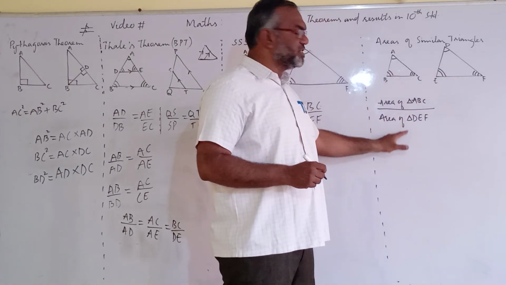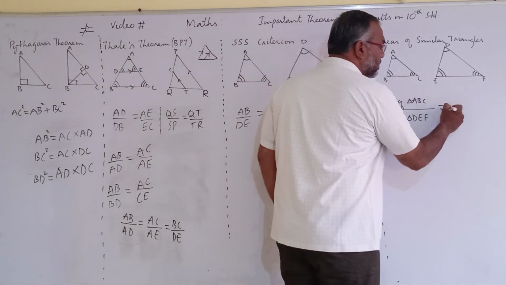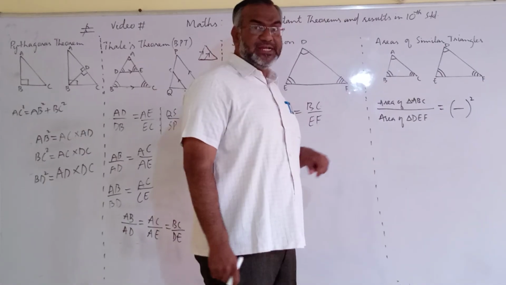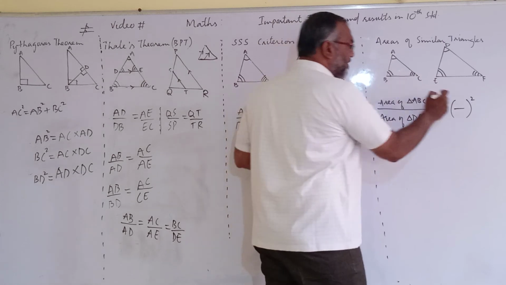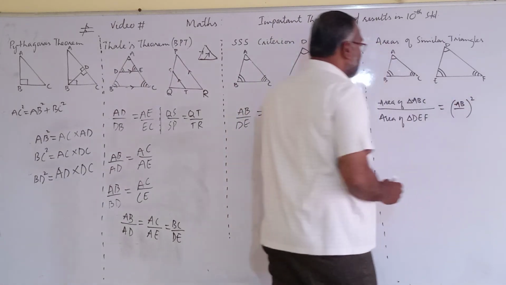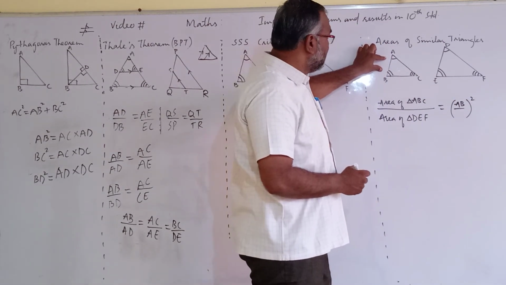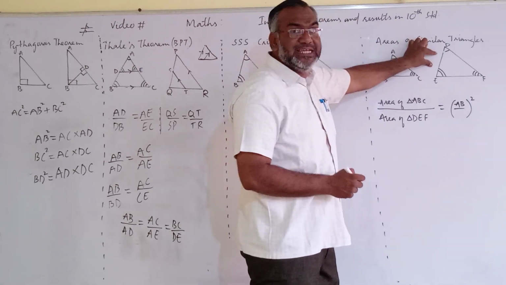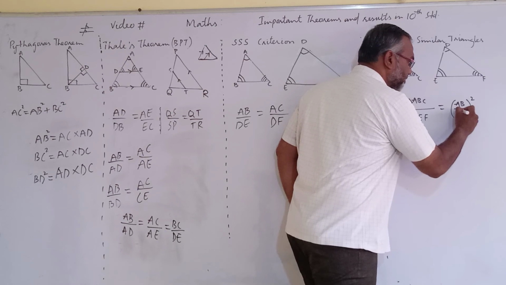Area of triangle ABC divided by area of triangle DEF will be equal to the ratio of the squares of their corresponding sides. Corresponding sides means if I take AB here, the corresponding of AB: A is equal to D, B is equal to E. So the corresponding of AB is DE. So I have to take DE.